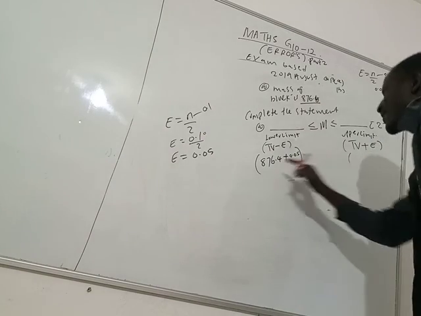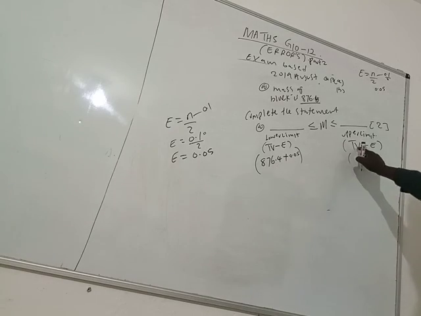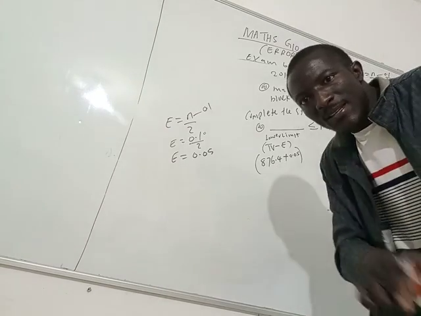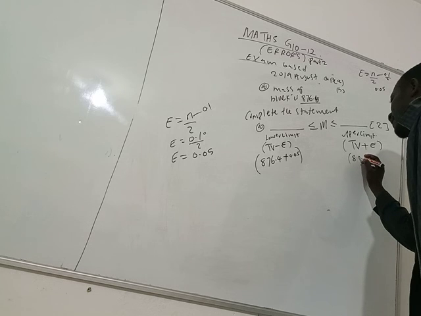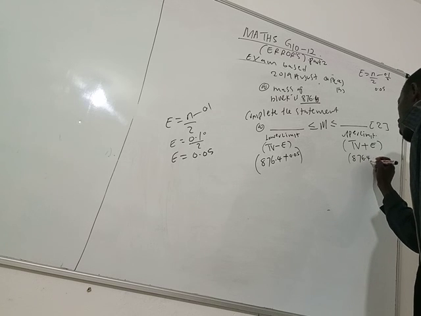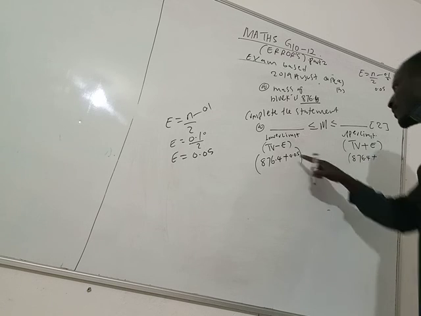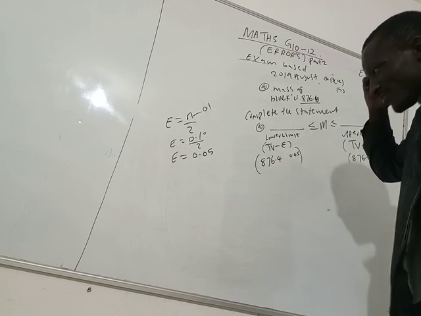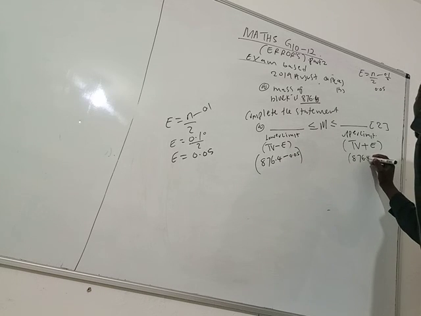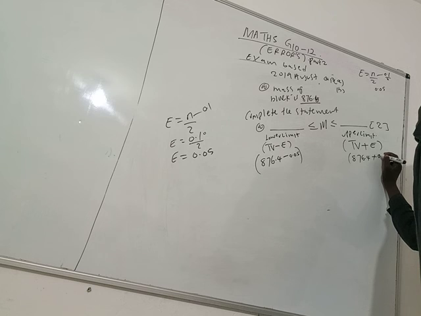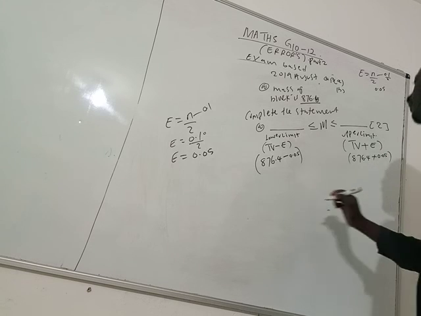This side, the same true value, TV, the same meaning of TV, not television. Its true value is 876.4. Mine, I don't know why I still have the previous video with the plus. Then here we are going to say 0.05.